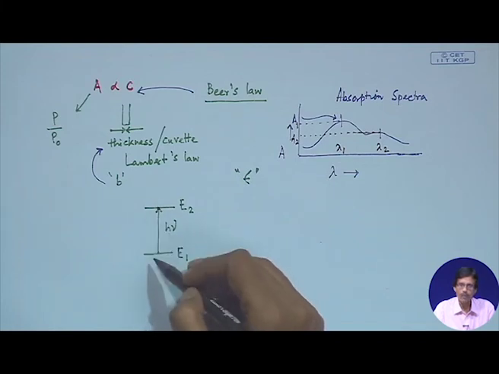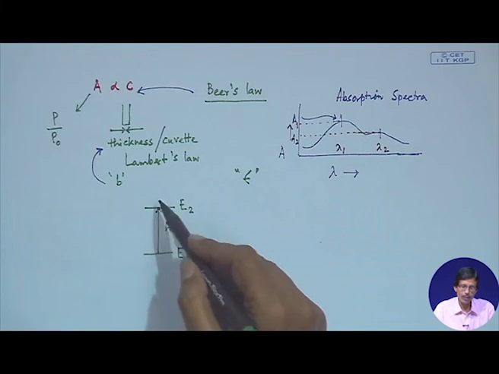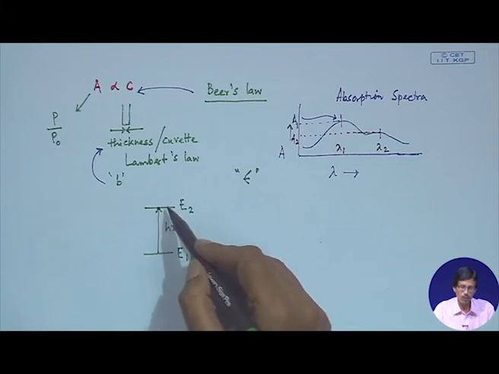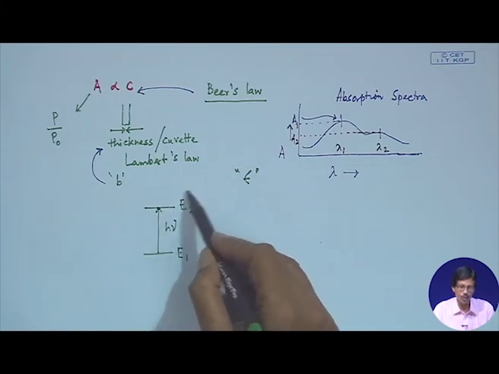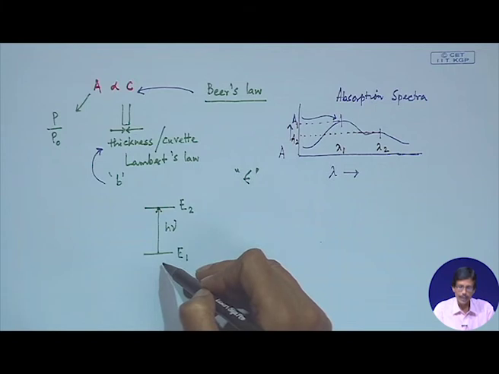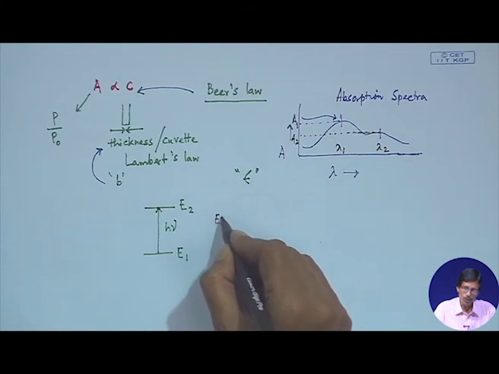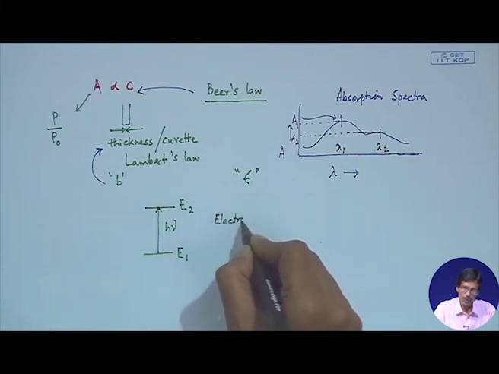It is a very transient period, lasting only a short time, in which the molecule goes through this excitation due to absorption, because we are not going to get this molecule only in the E2 level; it will again relax to the E1 level. So, we consider it as electronic absorption.